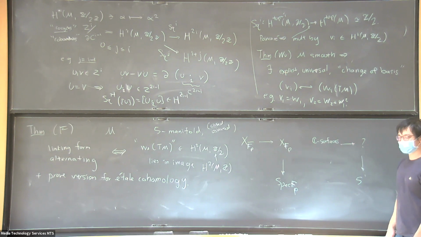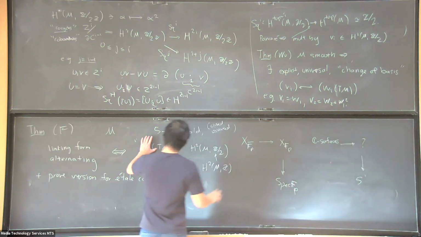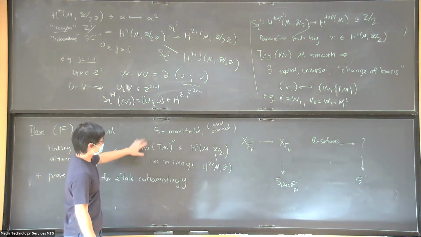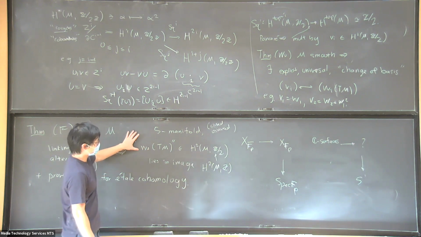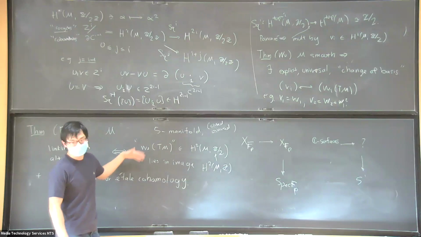Oh, so you use that there is a complex structure. Yeah, I use that. In the algebraic case, I use the fact that some appropriately defined Steenrod class has a lift, because the lift can be chosen to be like a Chern class.